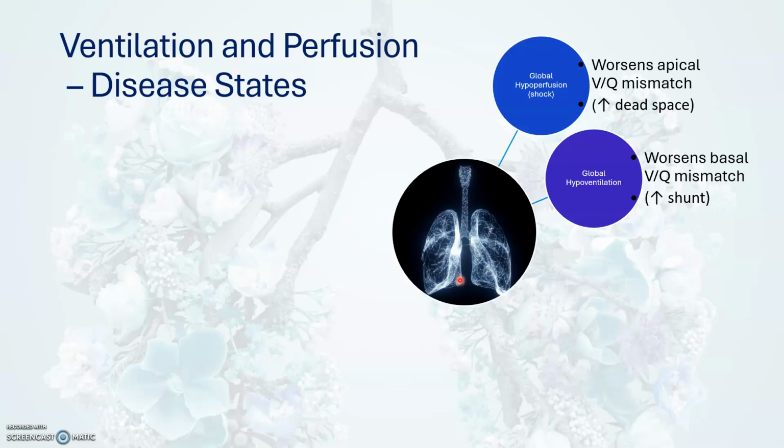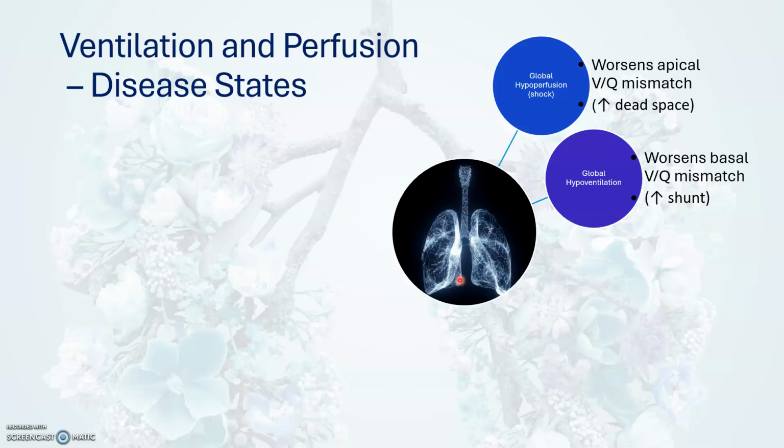So as the lung becomes hypoventilated, because the maximum amount of movement of the lung is at its base, when we're breathing less, we have a greater decrease in ventilation at the bases compared to the apices, just because there's less variation in ventilation at the apex of the lung.